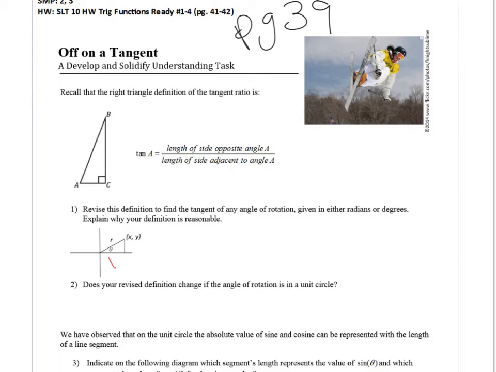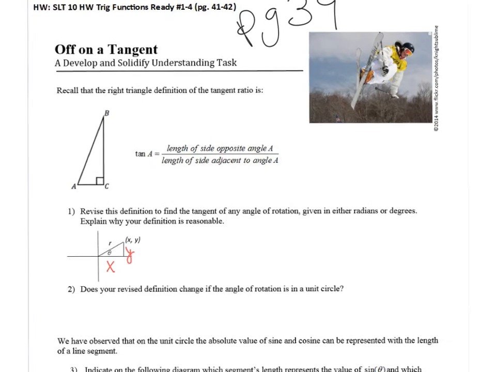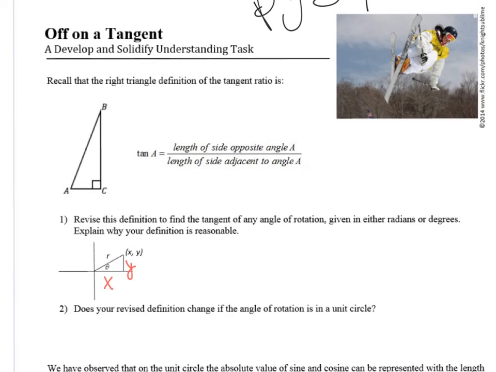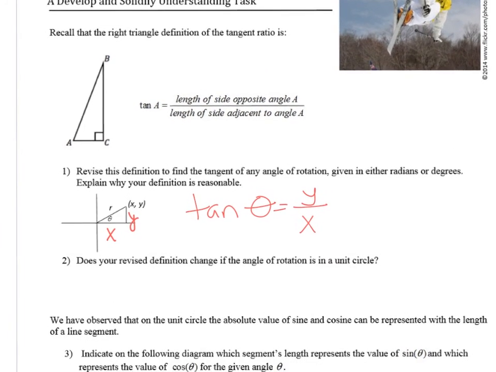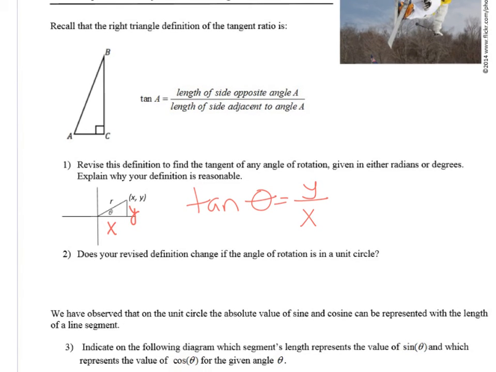So if this is on a coordinate plane, we have x and y. Let me make this bigger. There we go. So tangent of our angle is y over x. Does this change if the angle of rotation is in a unit circle, meaning the radius is 1?